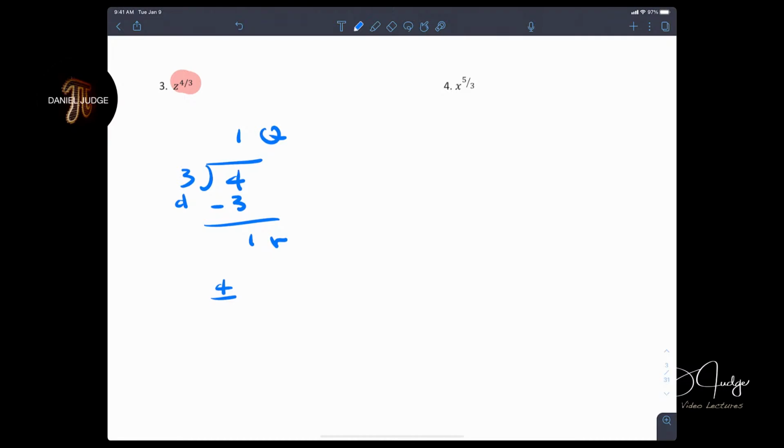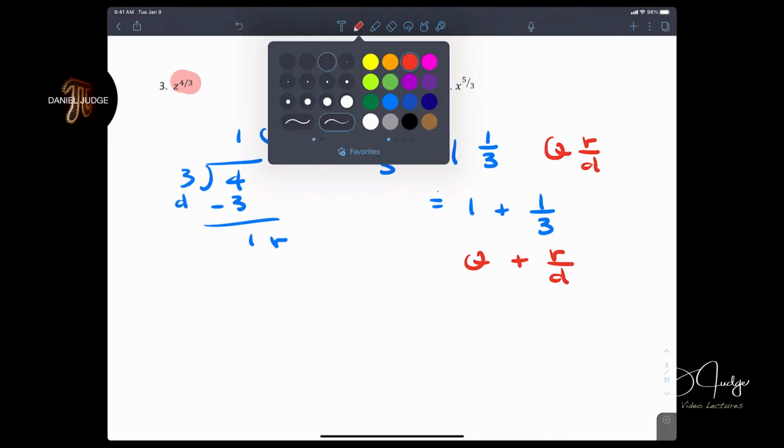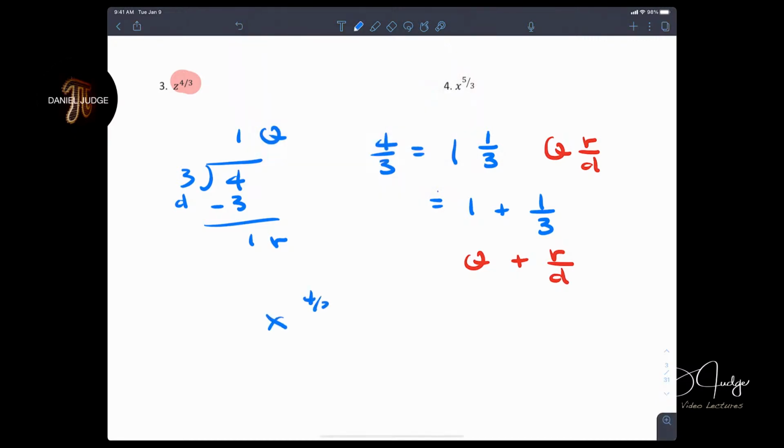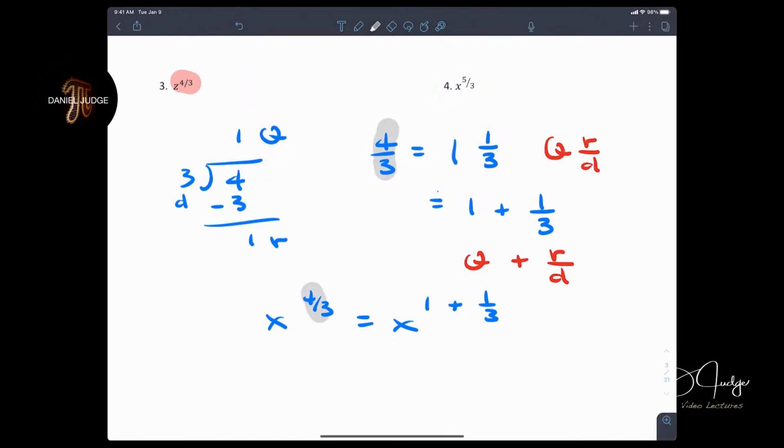So now 4/3 is 1 and 1/3 as a mixed number. Okay? Which is 1 plus 1/3, because that's what a mixed number is. It's a whole portion plus a fractional portion. And what that means now is x to the 4/3 is x to the 1 plus 1/3.